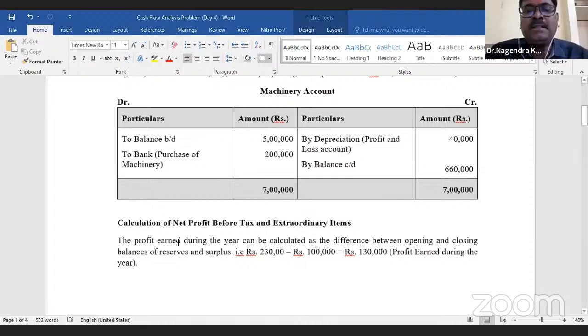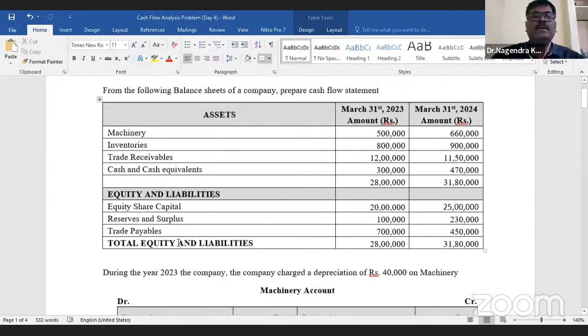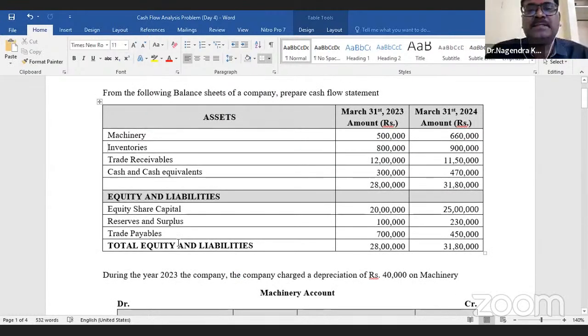See here in this example, we were not given any profit and loss account balance. So we were not given any net profit or dividend paid or any provision for taxation, or any such information.